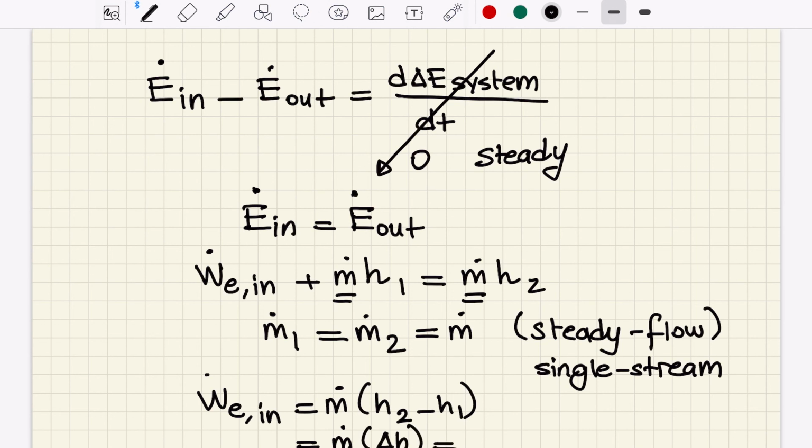So mass flow rate times enthalpy difference, and the change in the enthalpy, if we are dealing with an ideal gas, I can represent it as Cp delta T. Since the temperatures are given to us, delta T is given, Cp we can look at from table A2, I believe, and then we have the electric power given, so we can calculate the mass flow rate.